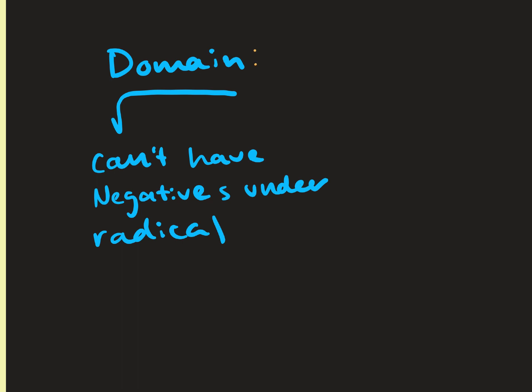So to find the domain, when we're given a square root, we would just set whatever's under the radical greater than or equal to 0, because it just can't be a negative number. It can't be less than 0.